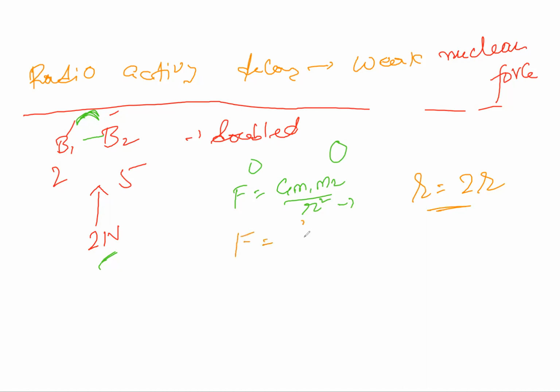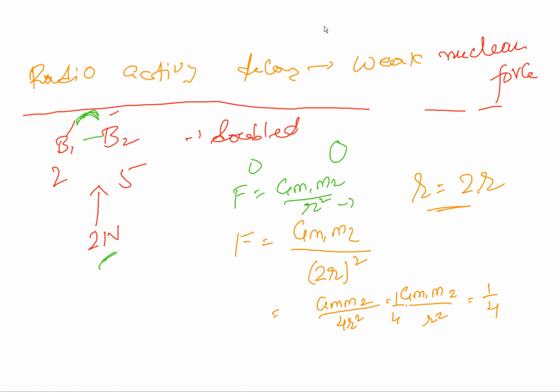So F equals G m1 m2 by 2r whole squared, that is G m1 m2 by 4r squared, which is 1 by 4 into G m1 m2 by r squared. That is nothing but 1 by 4 into F.